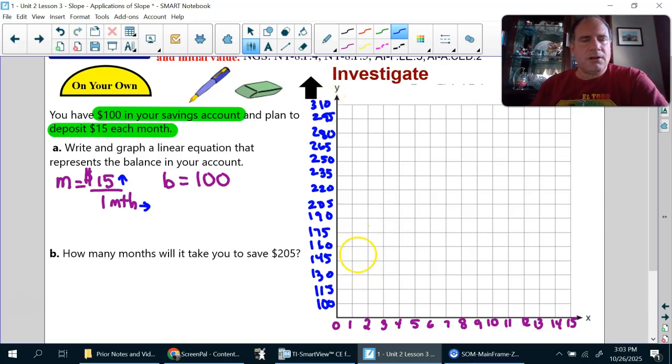All right, so now that you set this up this way, just remember this is dollars, the y-axis. And these are months. And I'm going to put a title, bank account savings.